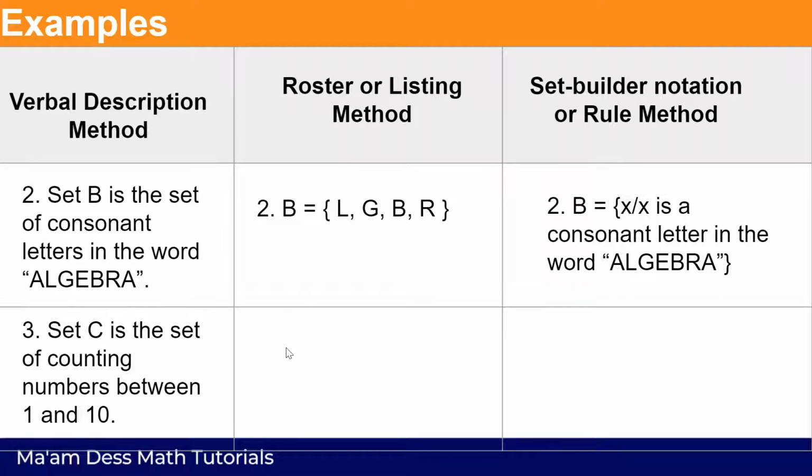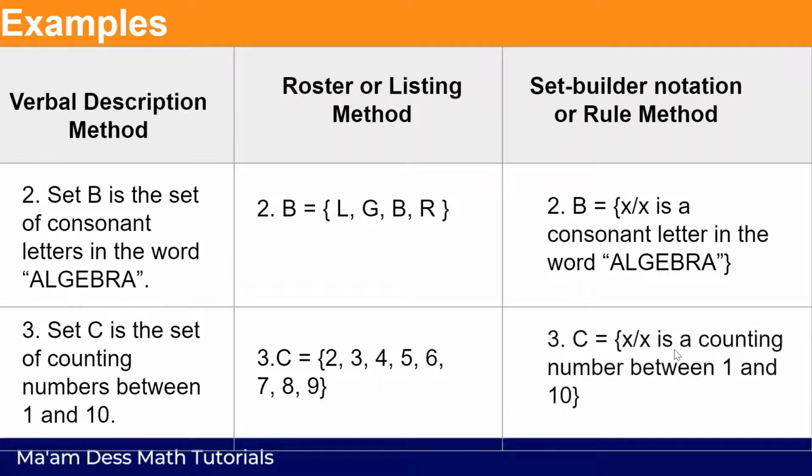So let us now list all the elements of set C. Sabi po kasi between, so we have 2, 3, 4, 5, 6, 7, 8, and 9. What about set builder notation? Set C, all x such that x is a counting number between 1 and 10.